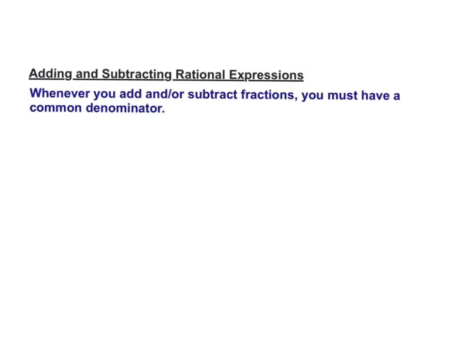Okay. So as we know, when you add and subtract fractions, you must have a common denominator. So the trick to adding and subtracting rational expressions is to ensure that you have the correct common denominator. How you go about finding that is really the trick to this whole section.